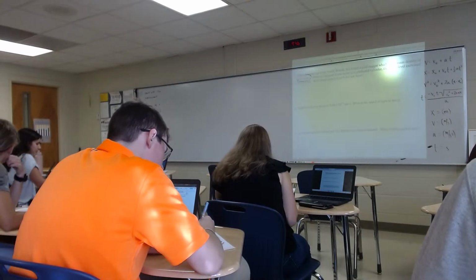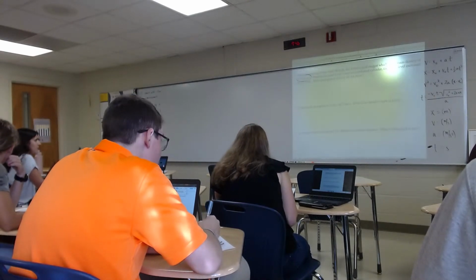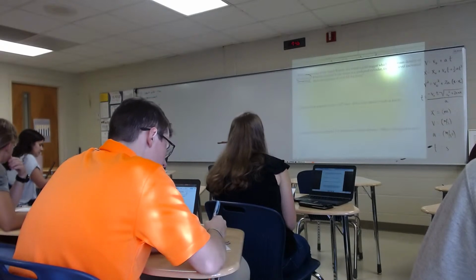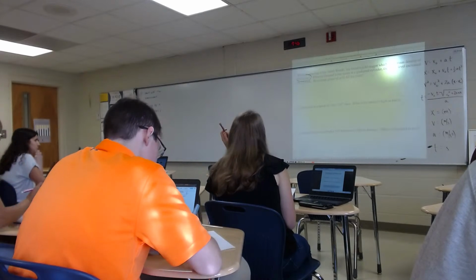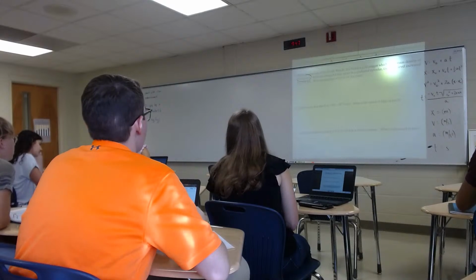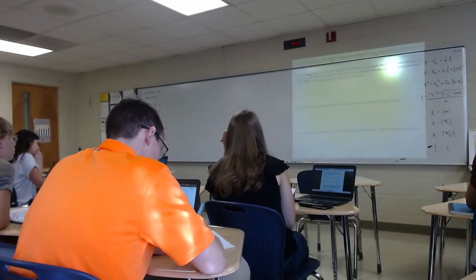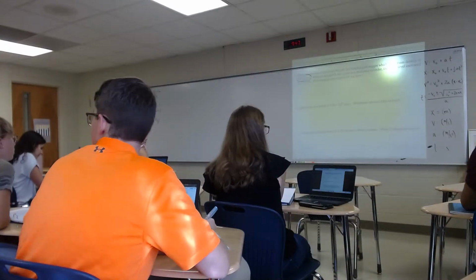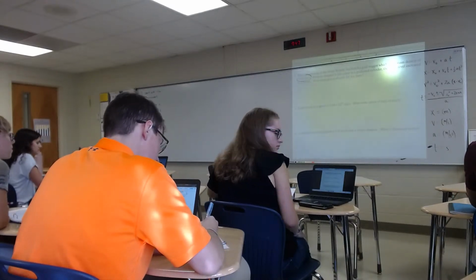I tried to do a little makeshift demonstration first period. We got terrible numbers, so I'm not even going to fool with that right now. But I will show you what a graduated cylinder is, in case you don't know. Here it is. Okay, so this is a graduated cylinder.